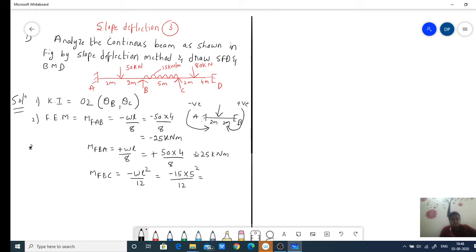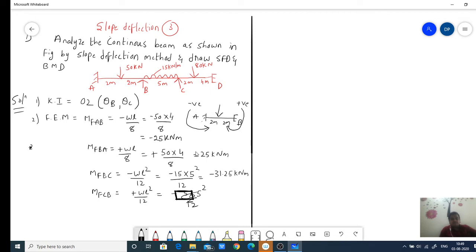If you calculate, this comes out to be minus 31.25 kilonewton meter. And similarly MFCB, when you are calculating, this will be plus WL square upon 12. So this will be plus 15 into 5 square upon 12.